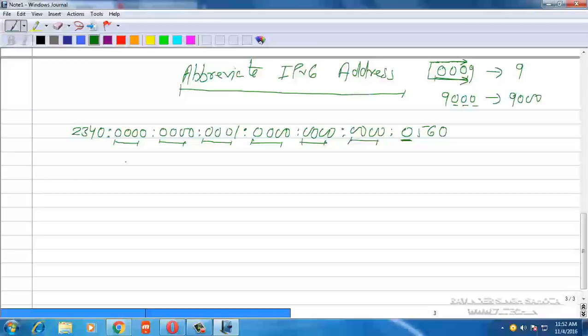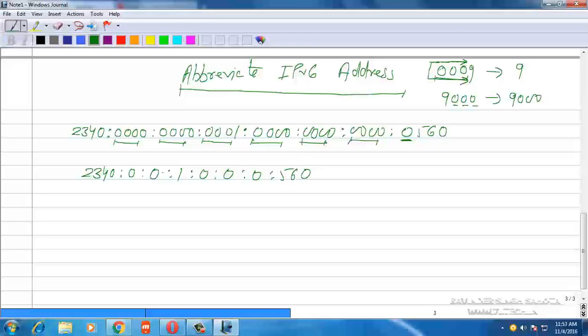So this IPv6 address can be written as 2340 colon 0 colon 0 colon 1 colon 0 colon 0 colon 0 colon 560. Right. So this is the first method of abbreviating an IPv6 address. You can remove the leading zeros.